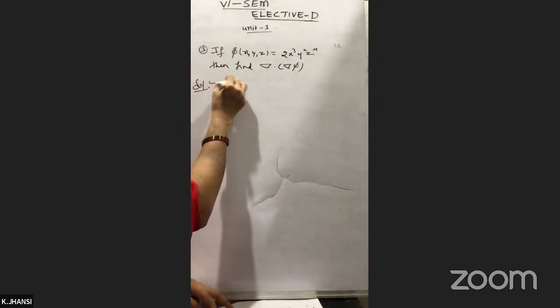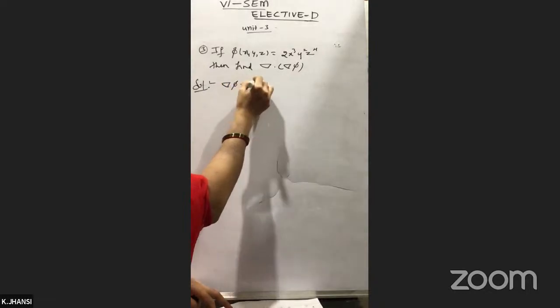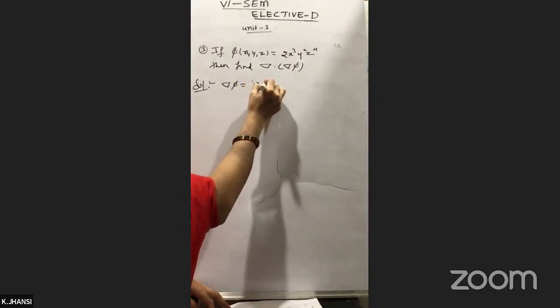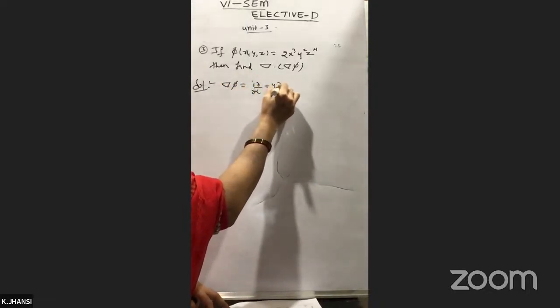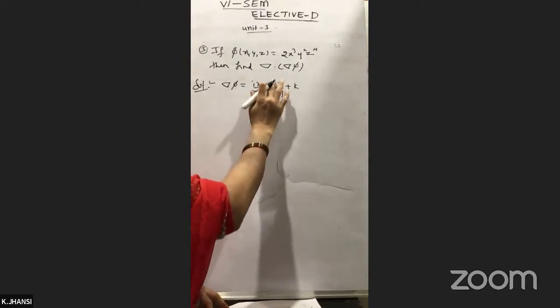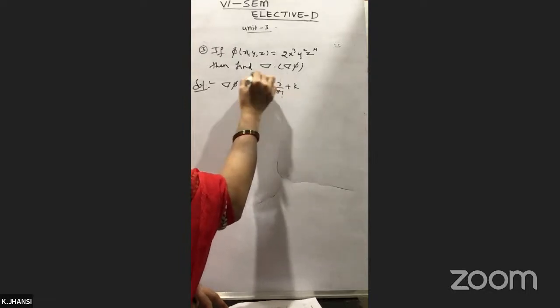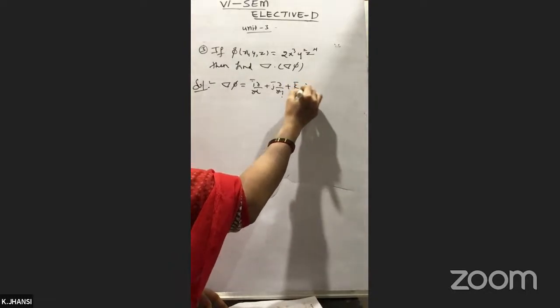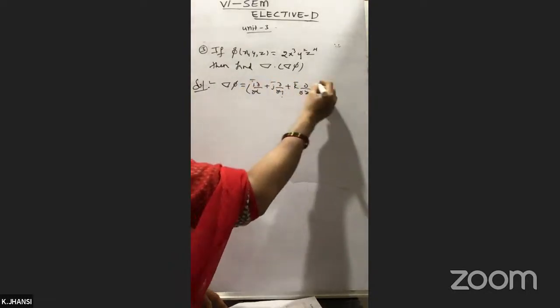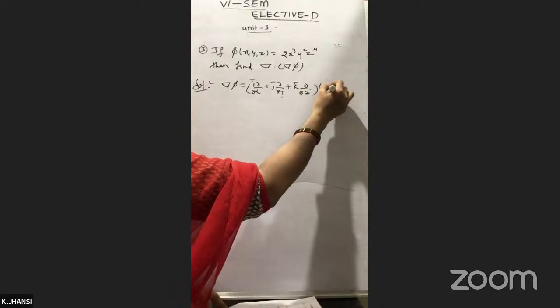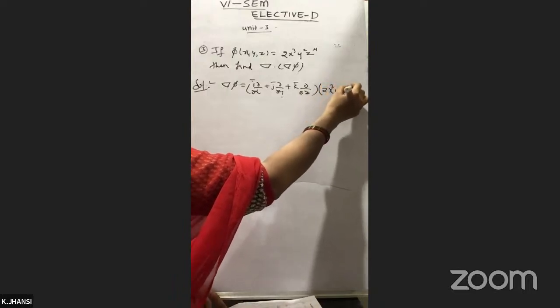Okay. So first we will find del phi. Del is i ∂/∂x and so on, applied to phi, which is 2x cube y square z to the power of 4.